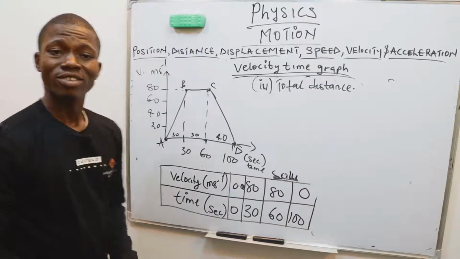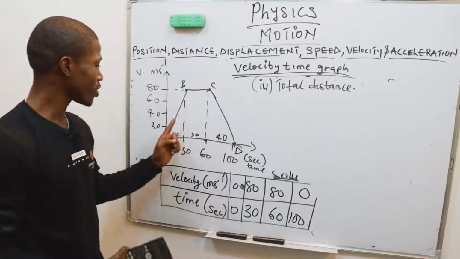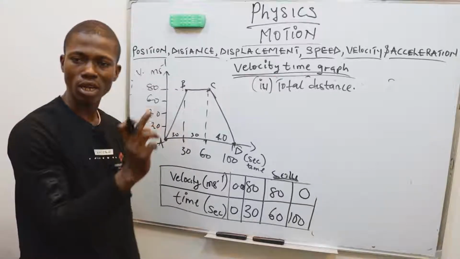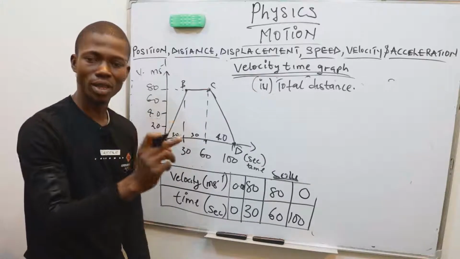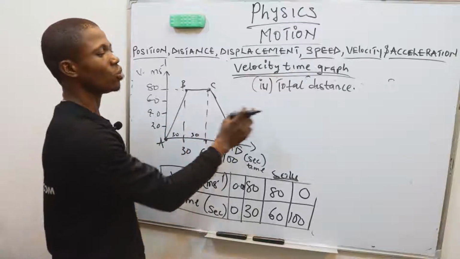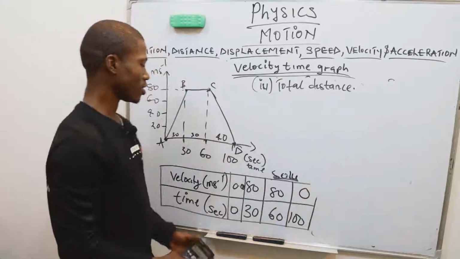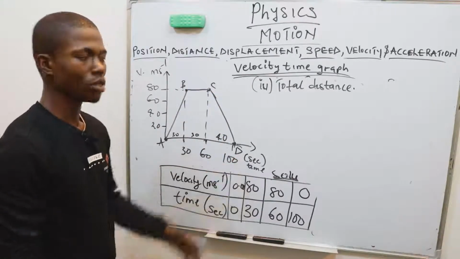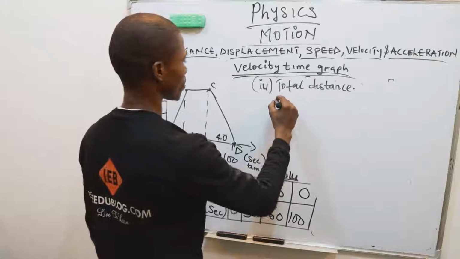Our total distance is just the sum of the areas of this shape. We have three shapes: the first is a triangle, the second is a rectangle, the third is a triangle. The sum of these three shapes will give us the total distance from A to B to C to D.